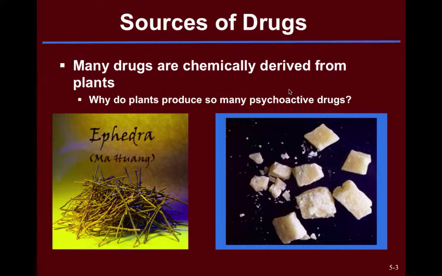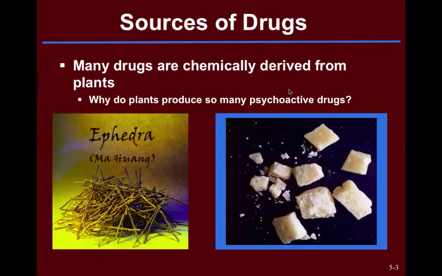So when we think about why it is that plants produce so many psychoactive drugs, really plants would only produce substances for 2 reasons. The first one is as a defense mechanism, and the second is as a survival mechanism. So a defense mechanism might be a way to stop animals from eating it, and a survival mechanism would probably be a way to make sure that the plant's seeds or fruit were borne as far away as possible.